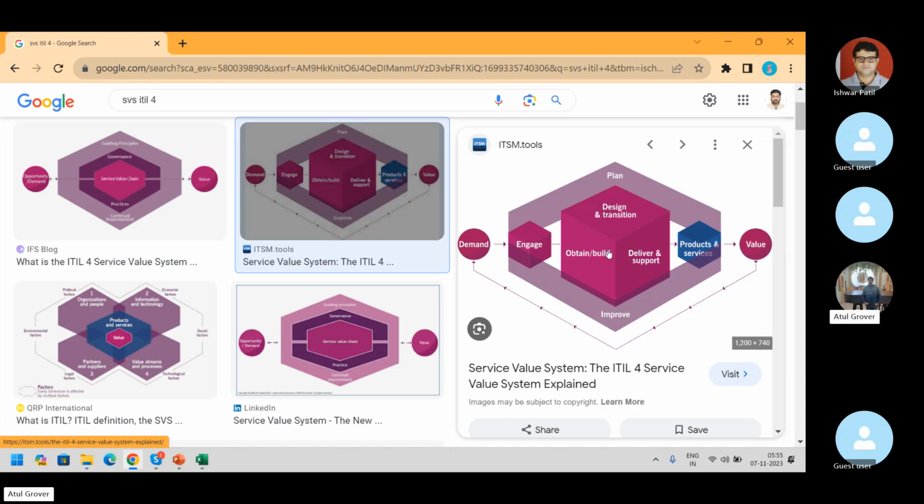The intention is the same, from demand to value. But what they say is start engaging the right people at the right time in the right position. That is the first part. Example: I want to buy a house.